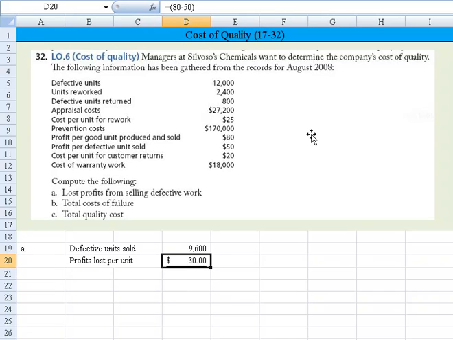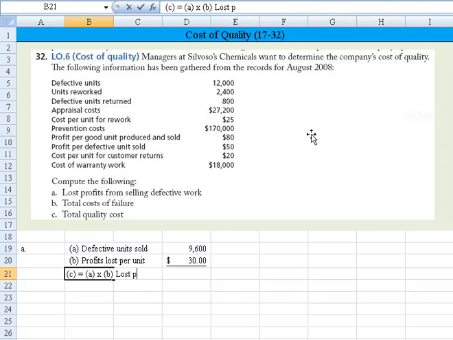And then all we've got to do is multiply. And maybe it makes best to label this. Call this A. Call this B. And then we say that C is equal to A times B. And what that tells us is the lost profits from selling defective work.